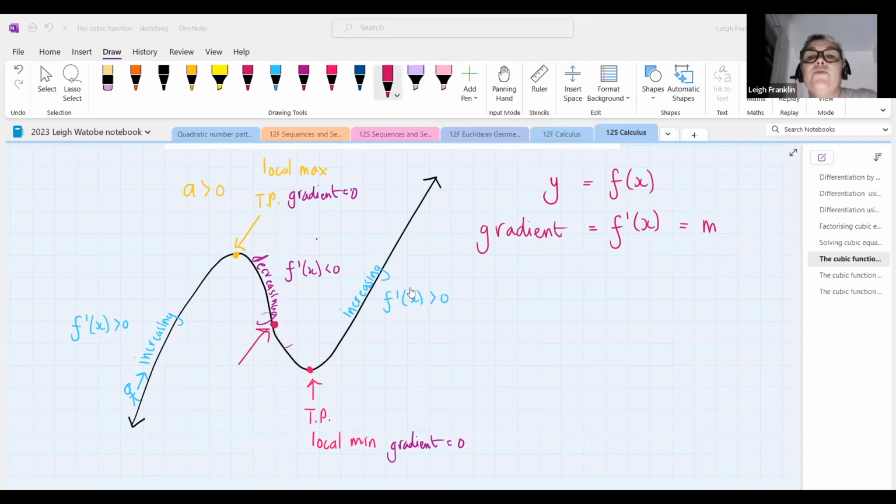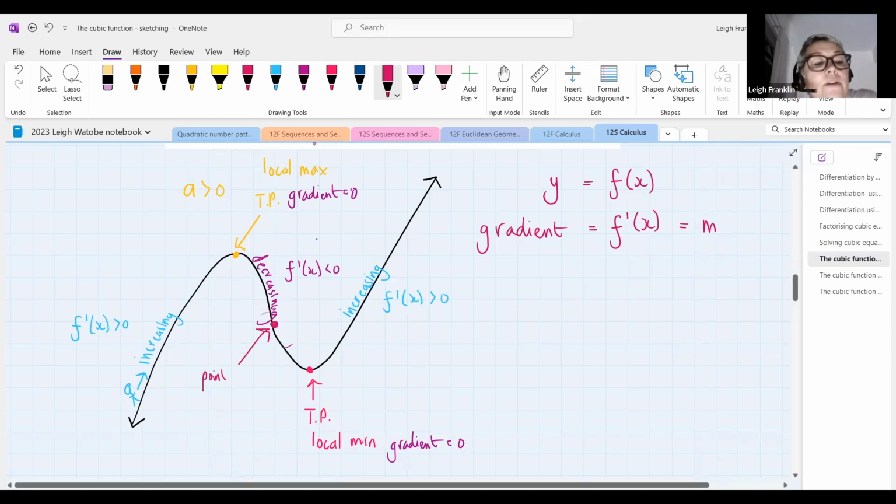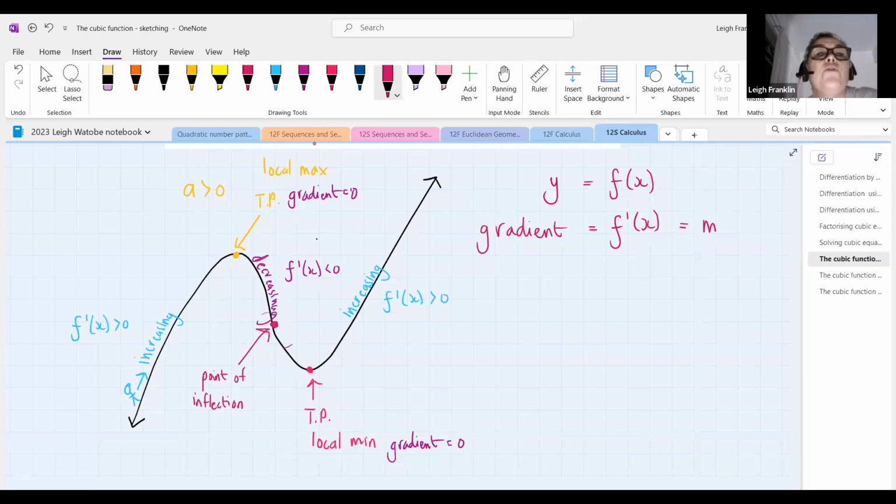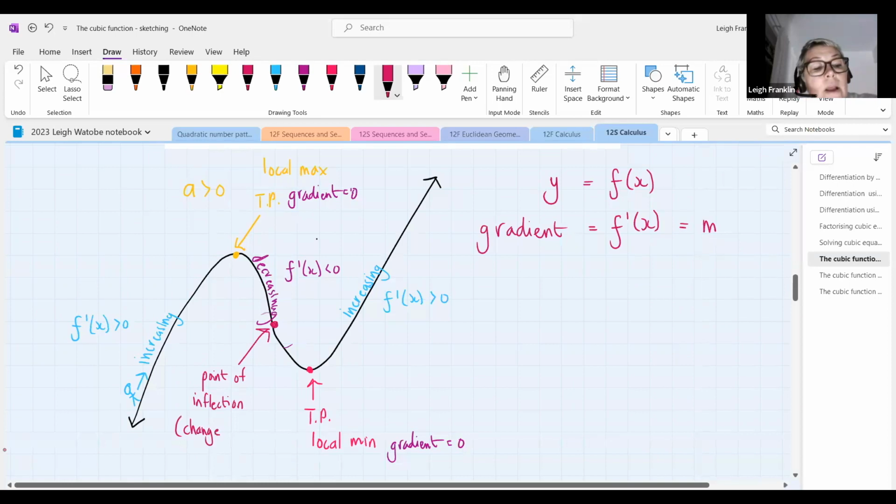Yes, with your second derivative, but what's the point called on the function? Nicole? Point of inflection. That's it. So it's called our point of inflection, the point at which the graph changes from concave up to concave down or from concave down to concave up.